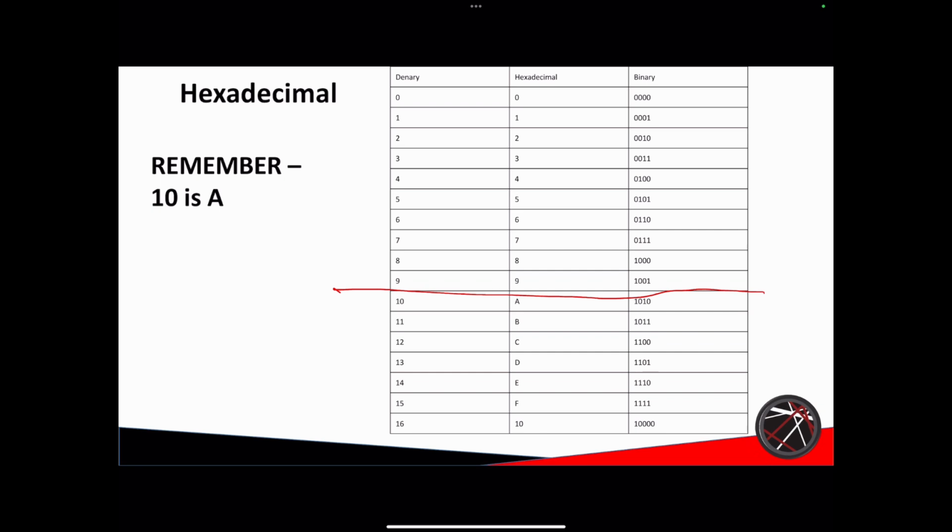So we're using the 4 bits, and you can see that we've got 8 plus 0, 0 plus 1 gives us 9. So again, dead easy to work out. The tricky bit, if you like, is remembering that 10 is actually A. So 10 is represented by A, and therefore we go up in the alphabet from then on, all the way up to F, which is 15.